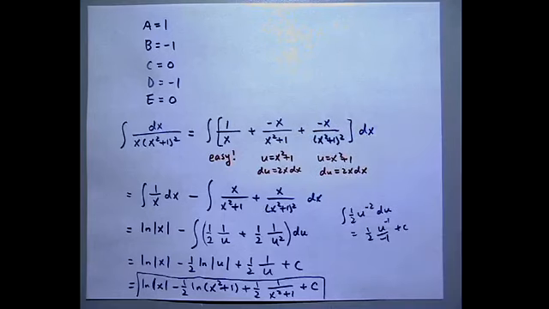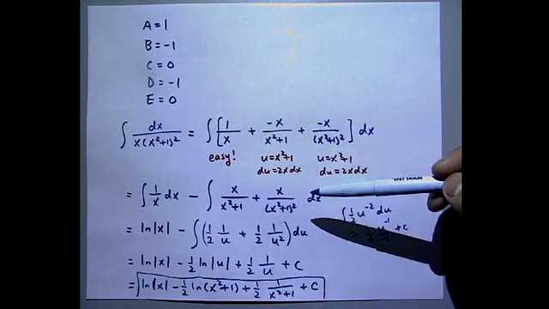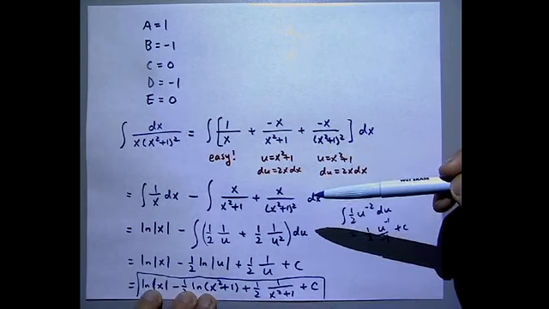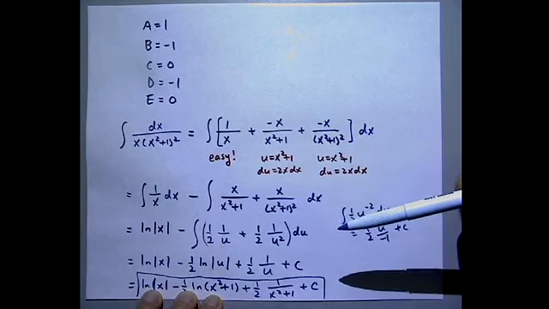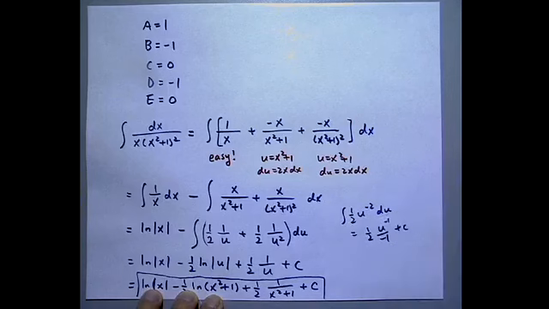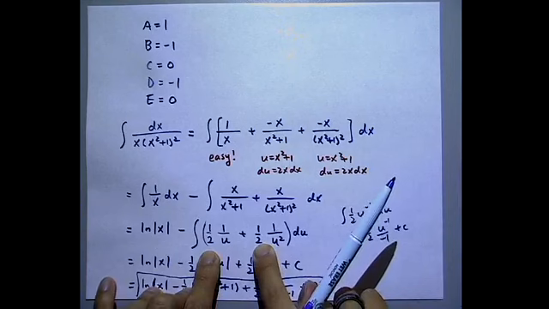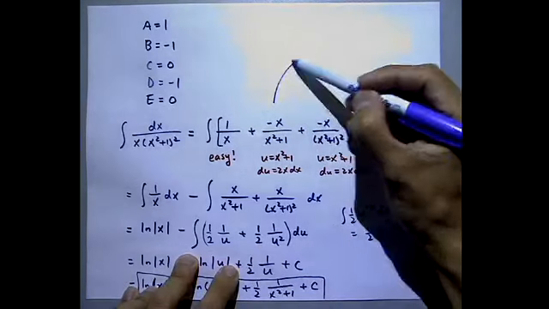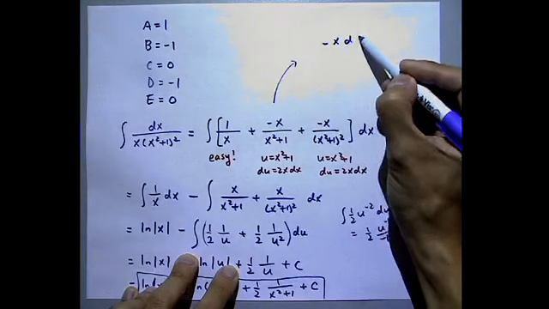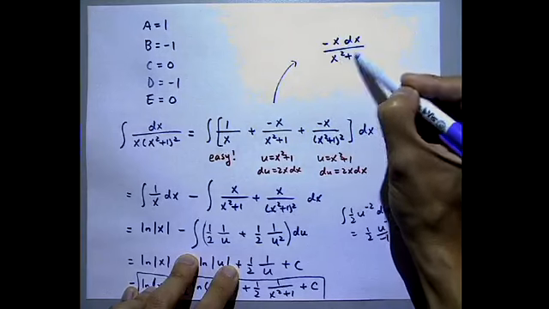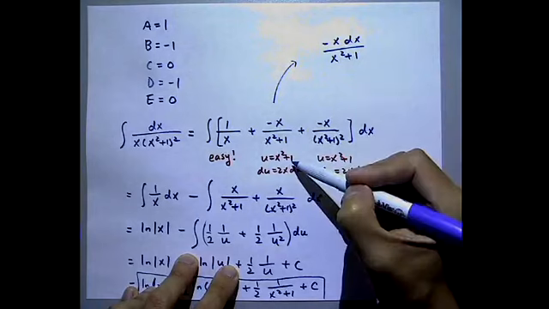Question? The 1/2. What do you mean? What do you mean go away? If you look at the middle one here, we let u be x squared plus 1.